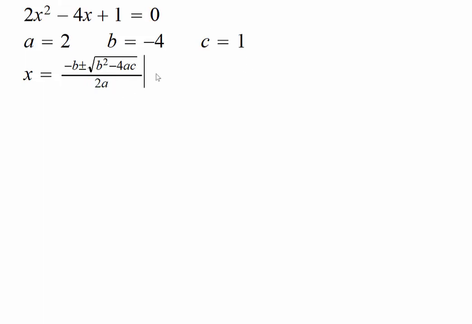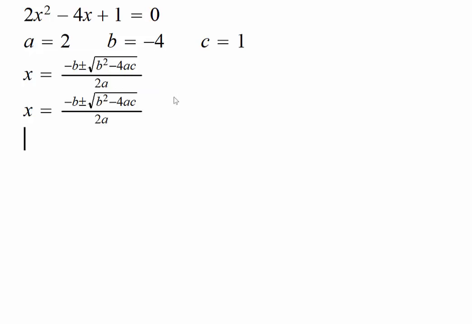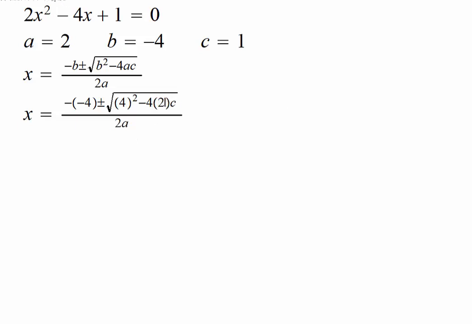So in this case, we simply get negative of negative 4, then negative 4 squared, then for a we have 2, for c we have 1, and again for a in the denominator we have a 2.